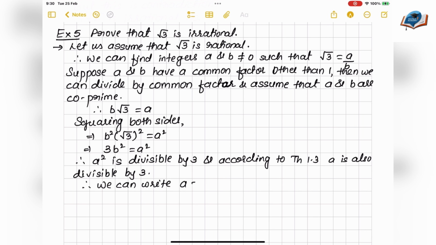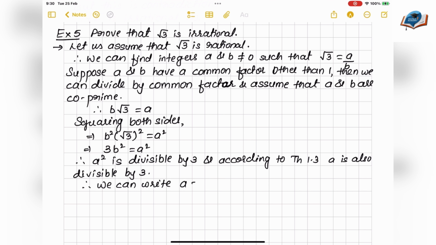Substituting for A, we get 3B square equal to 3C whole square. So 3B square equal to 9C square. So therefore it implies B square will be 3C square.